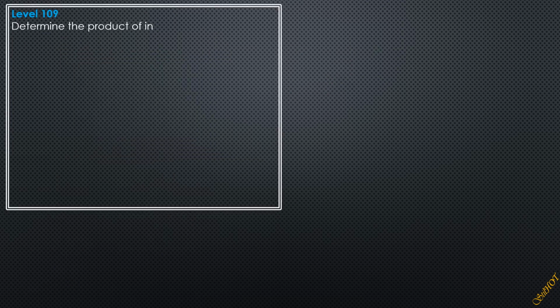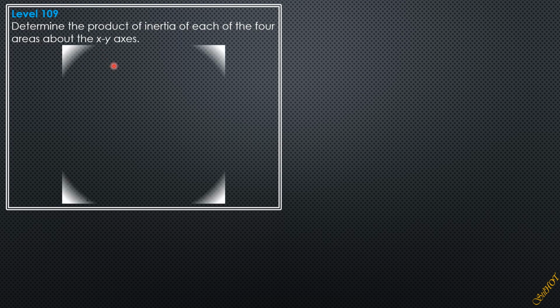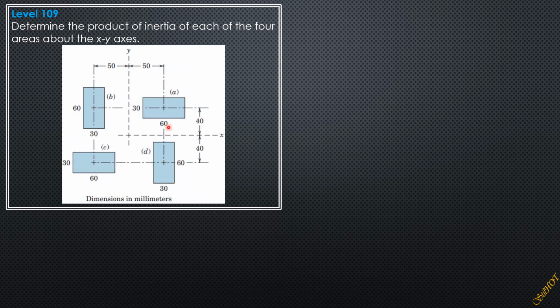Problem 109: determine the product of inertia of each of the four areas about the xy axis. So these are the four areas. Take note that these are rectangles, so the product of inertia with respect to the centroid would be zero, and it only has the area times x bar times y bar. So by the parallel axis theorem for product of inertia, Ixy equals I bar xy plus area times x bar times y bar, where I bar xy is equal to 0.